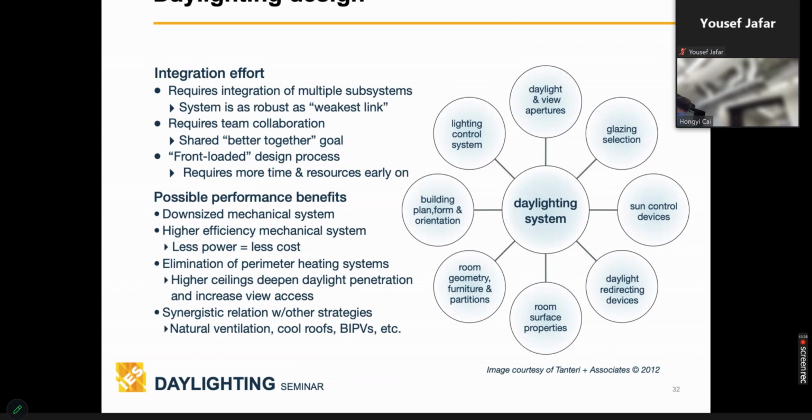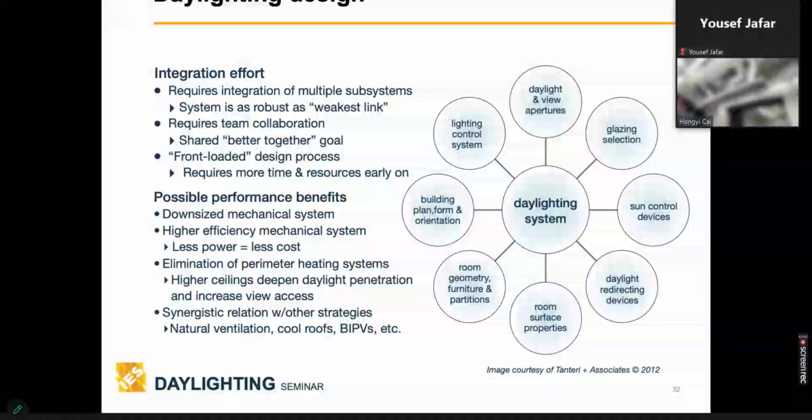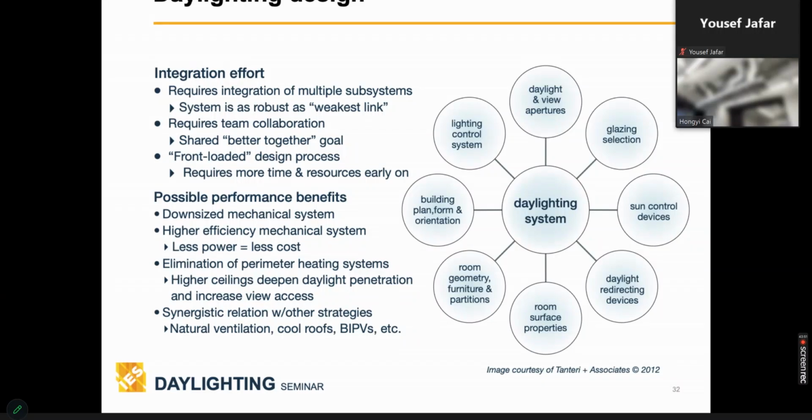I don't believe mechanical engineers, if they don't have any daylighting knowledge or haven't taken any courses in architecture-related disciplines, will do the daylighting design very well. No. They probably care much more about the energy reduction and how to avoid cooling load and heating load increase over the whole year. So that's the problem actually.